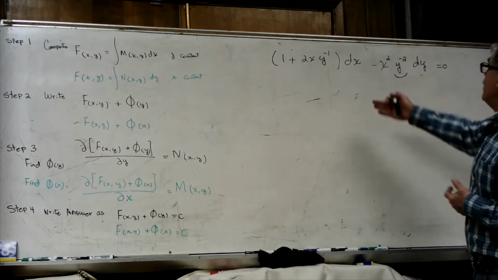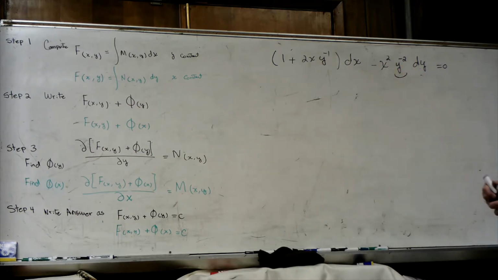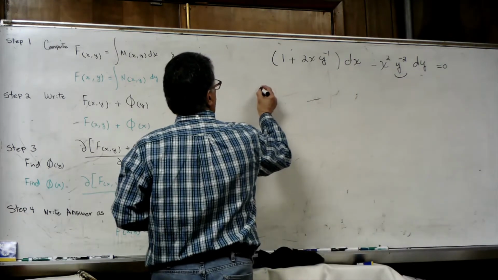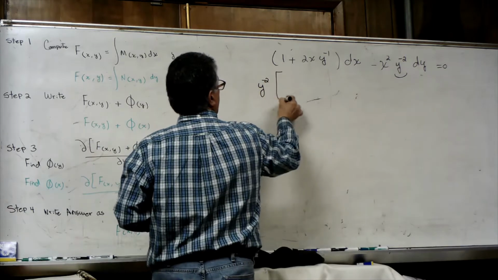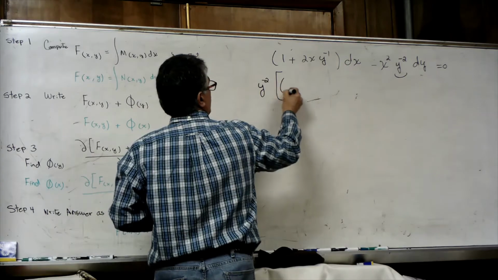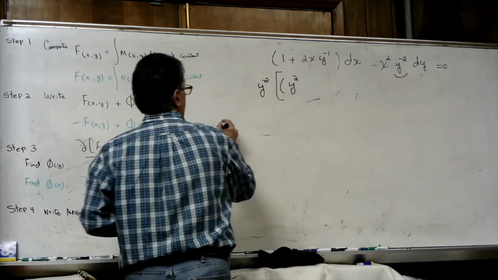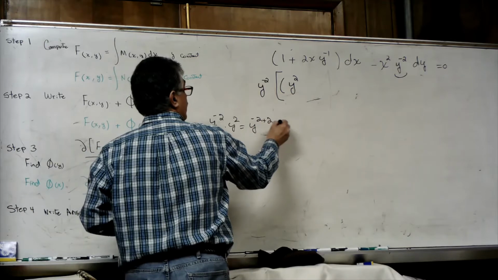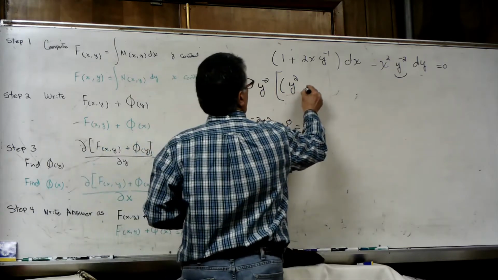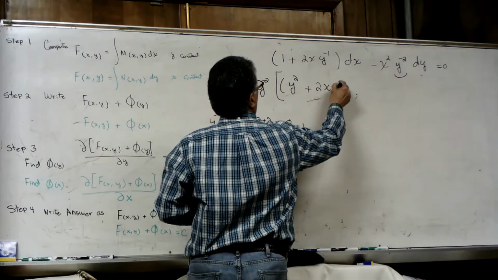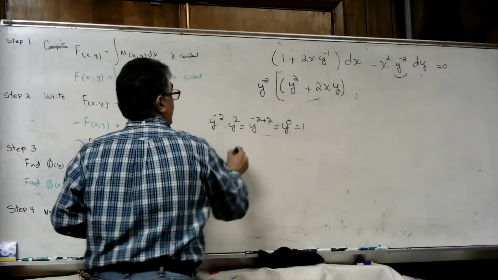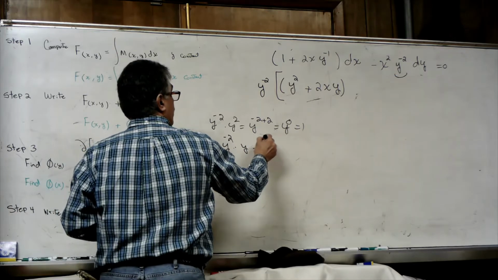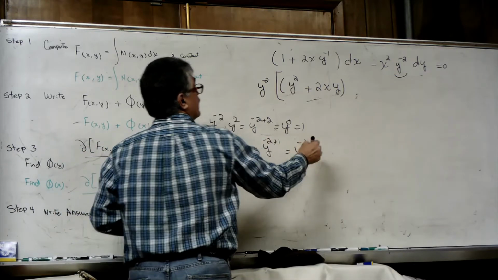Let's say, for example, in this equation that we know is an exact differential equation, if we go ahead and factor out y to the power minus 2, this will be y to the power minus 2 multiplied by y squared in order to be 1. y to the power minus 2 times y squared is y to the power minus 2 plus 2, y to the power 0, which is 1, plus 2xy. So y to the power minus 2 times y is y to the power minus 2 plus 1, which is y to the power minus 1.